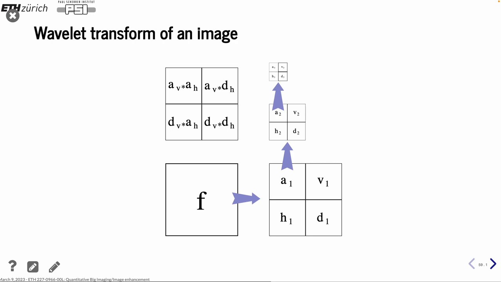And in the last corner, we have detail. With these, we can decompose the image into trend, horizontal detail, vertical detail, and diagonal detail. Then we do the transform again, which brings us to another image where we can again do a split and so on.